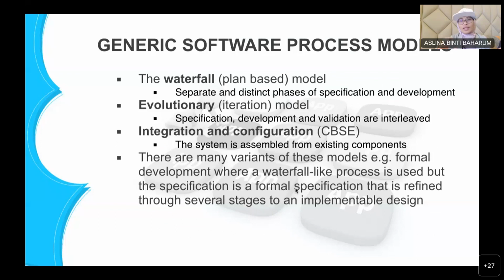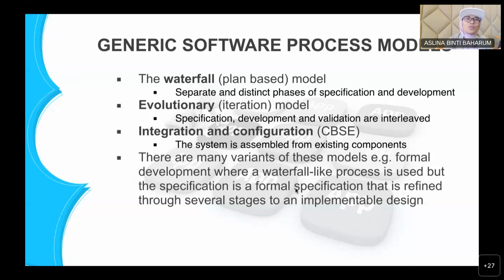Okay, after you understand what the word model means, software process model, these are 3 generic software processes. Actually the content is based on the book they refer to. If you go through the internet or refer to other books, the content might be different. This content is provided by the resource person, so I explain based on the content, but actually software process model is more than that.